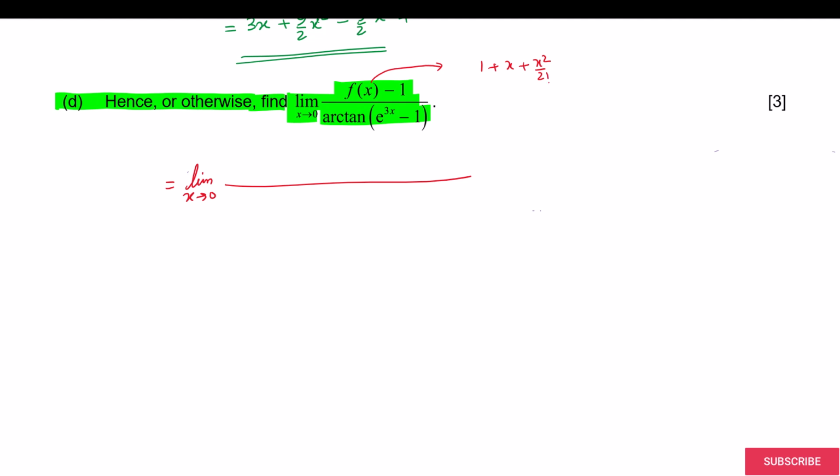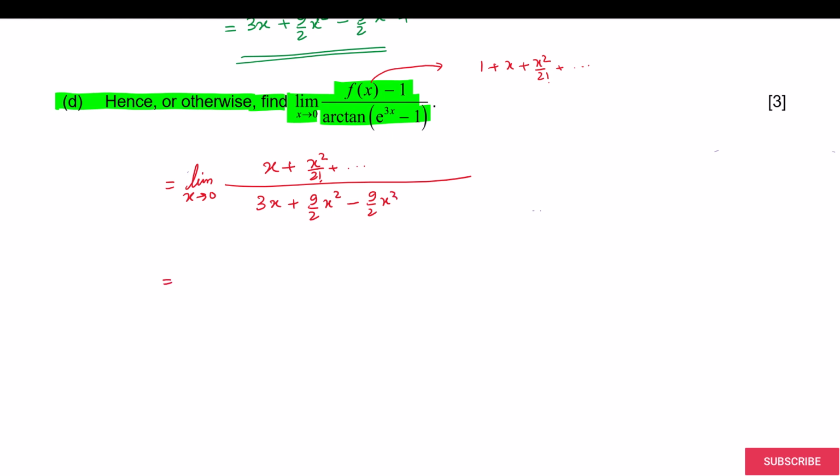So yeah, 2 factorial, and then it was 0, so we ignore it. And if we take this minus 1 here, we are getting x plus x squared over 2 factorial plus and so on. And the denominator is arctan of e to the power 3x minus 1. We have just got this thing as 3x plus 9 over 2 x squared minus 9 over 2 x cubed.